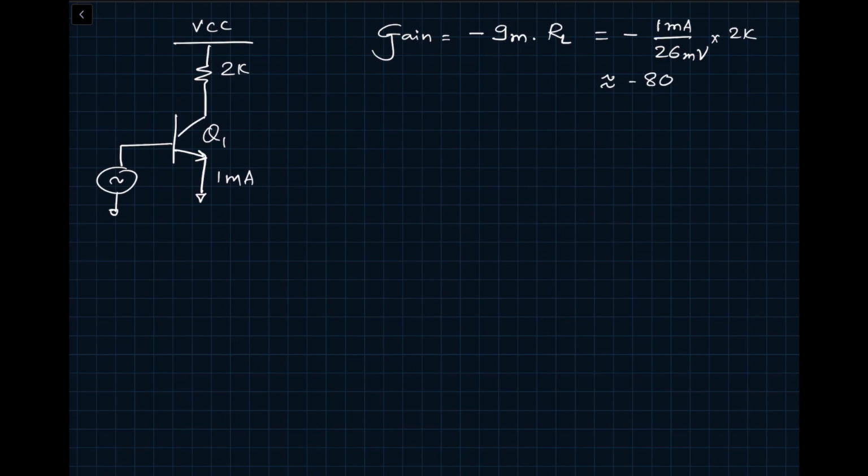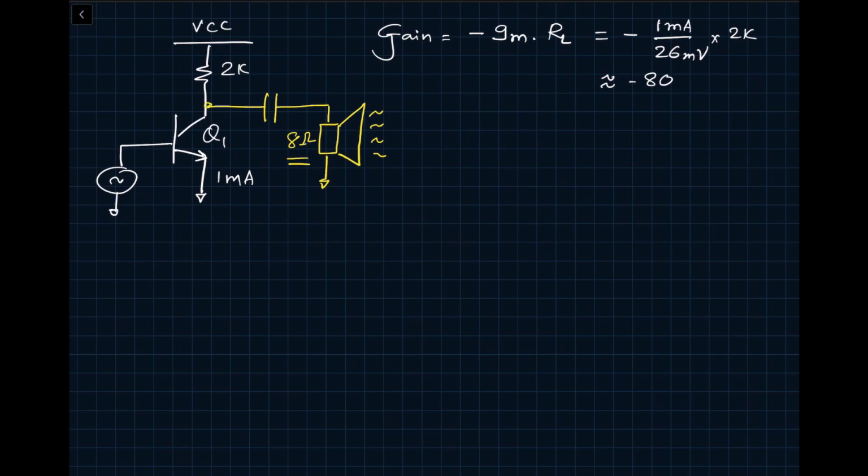Now if we decide to use this amplifier to drive, let's say, a speaker, the circuit will get modified like this. We would add a blocking capacitor, and then we will connect a speaker. The speaker resistance is typically something like 8 ohms. As soon as you add 8 ohms, what will be our gain?